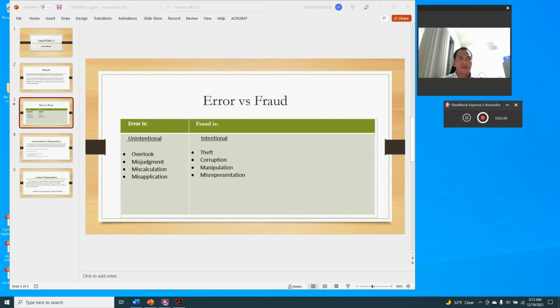Corruption, if you are bribing the regulators or higher officials in return for benefits, or bribing with gifts in exchange of promotions, etc. Manipulation, for example, you are changing the evidence. And misrepresentation, it means you are providing false information. So that's the difference of error to fraud. The key difference is the intention.